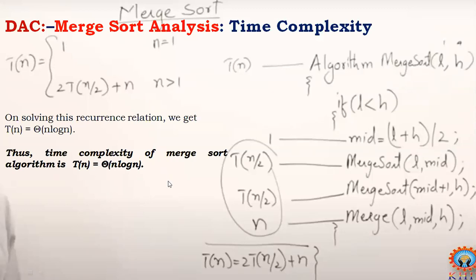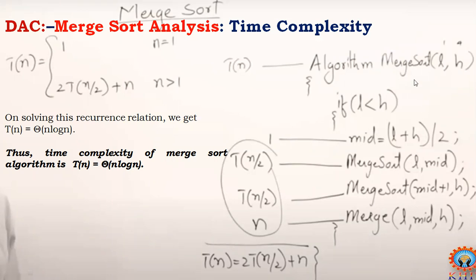Friends, this is very important. You may get one question in examinations: analyze the time complexity of merge sort. It's very simple. Whenever you plan to solve the time complexity of any algorithm, the first step is to write the algorithm as a step by step procedure.